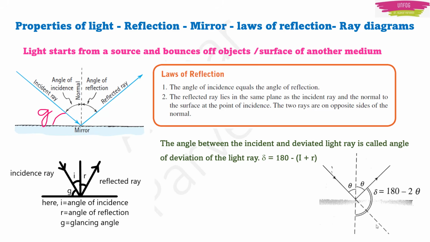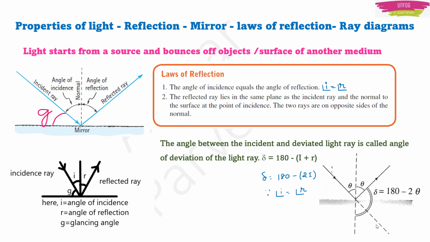Because we know that the angle of incidence is equal to the angle of reflection, I is equal to R. So in place of R, if I write I only, then the angle of deviation delta will be equal to 180 minus 2i. Or if I assume the angle of incidence and angle of reflection is one angle which I call theta, then the angle of deviation delta will be equal to 180 minus 2 theta. Why are we taking 180 here? Because the sum of the angles constituted on a straight line is 180. So the angle of deviation will be equal to 180 minus 2 theta.